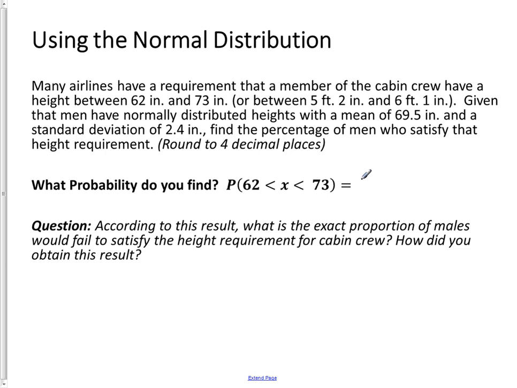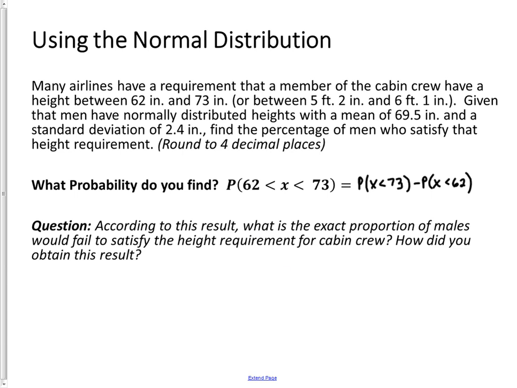You'll recall that we take the probability that an individual's height is less than 73 inches and subtract from that the probability that height, our random variable, is less than 62 inches. The difference between those is the probability that x is between those.